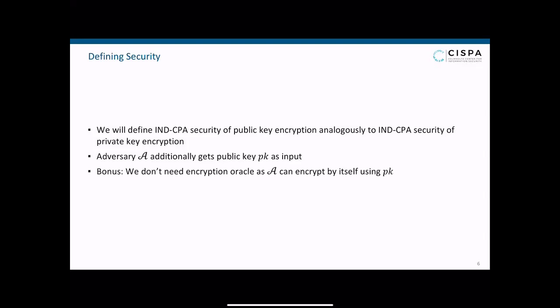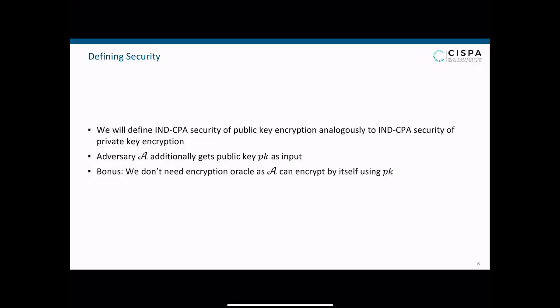This actually simplifies things a bit. Now that the adversary has the public key, we don't need to give an encryption oracle to the adversary, because he can just produce ciphertexts all by himself using this public key, right? So even if we gave him an encryption oracle, he could just simulate it himself.